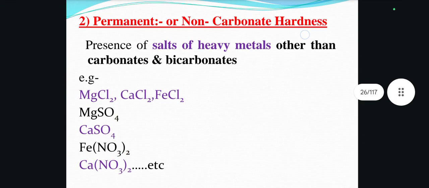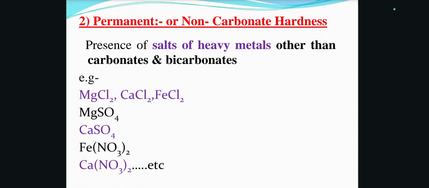Then we are going to discuss the second type, permanent hardness, which is also known as non-carbonate hardness. Now non-carbonate hardness means what? Absence of carbonates. Then who is responsible for making water hard? Here the presence of salts. What kind of salts? Salts of heavy metals, but other than carbonates and bicarbonates.